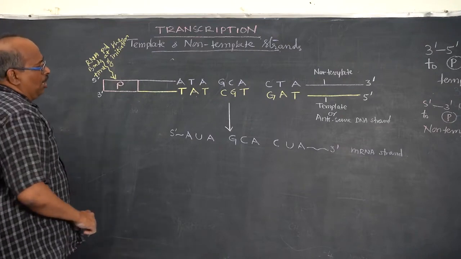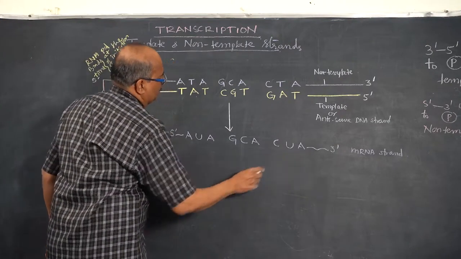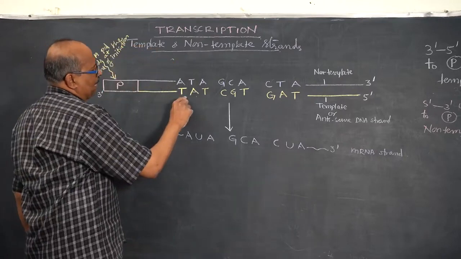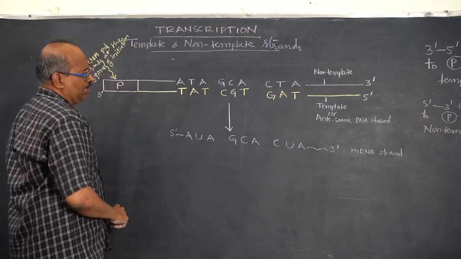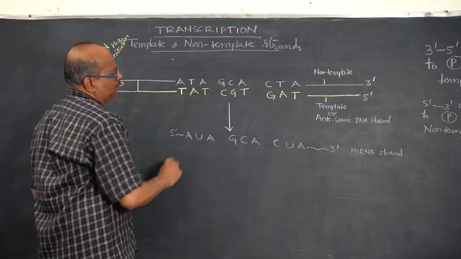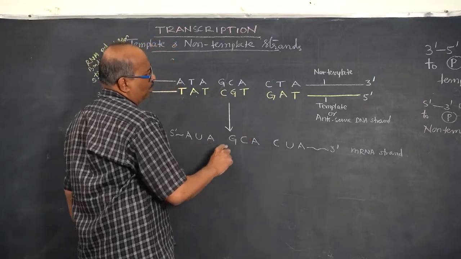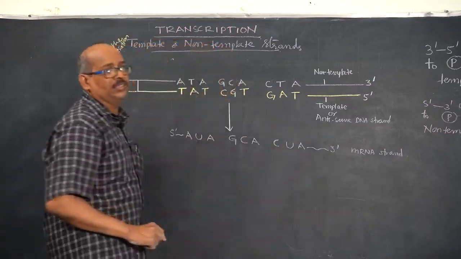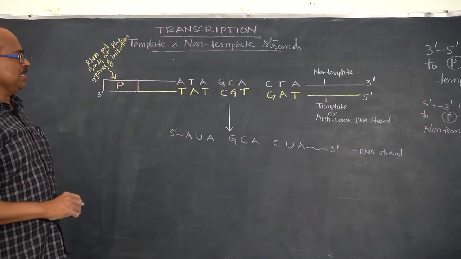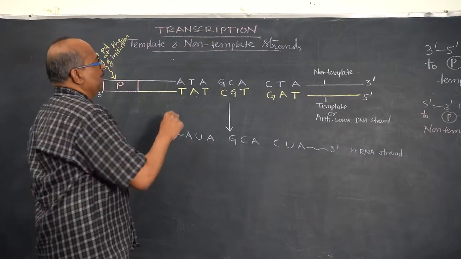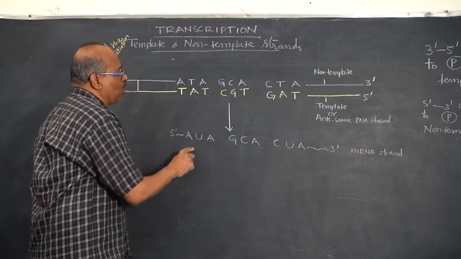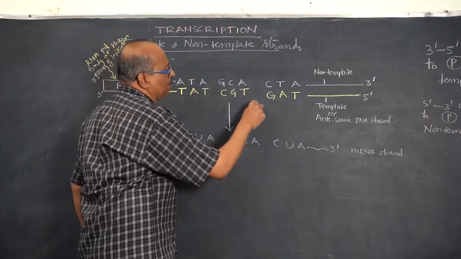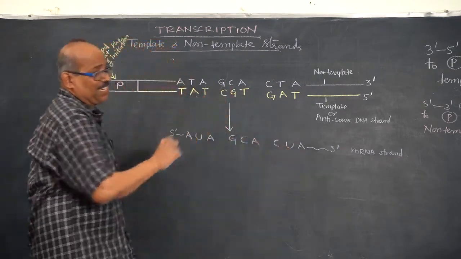Next one, look at the nucleotides. Template strand has TAT. Here you have AUA, you have CGT, you have GCA, you have GAT, you have CUA. What it means is the template strand has complementary nucleotides compared to the RNA that is synthesized.